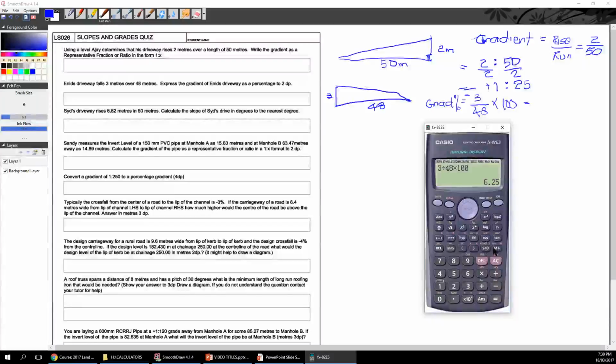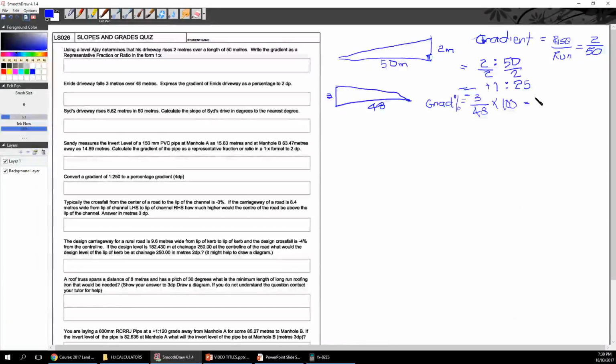We push that button there, 6.25, and that'll be percent. So 6.25%, and that's going to be negative 6.25% because it's falling down.